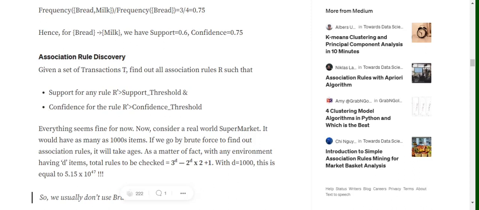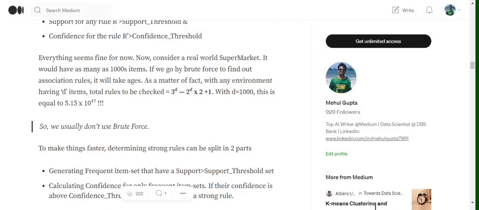Eventually, if for a pair of subsets, that is I1 and I2, both the support threshold and confidence threshold are crossed, we'll assume that to be an association rule. Now, consider a real-world scenario where we have thousands of items in a supermarket.